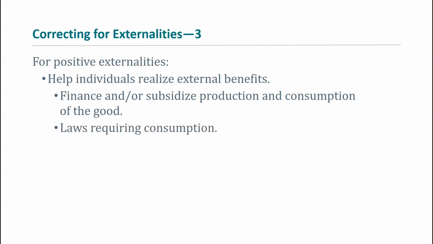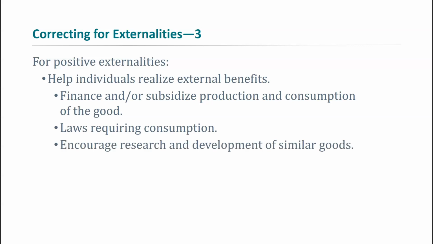Or we could regulate. We could have laws requiring consumption of particular goods or services. So in the case of vaccines, often you're required to have certain vaccinations before you can attend a public school. That would be this type of regulation. Or we could use more of a market intervention and encourage research and development of similar goods.